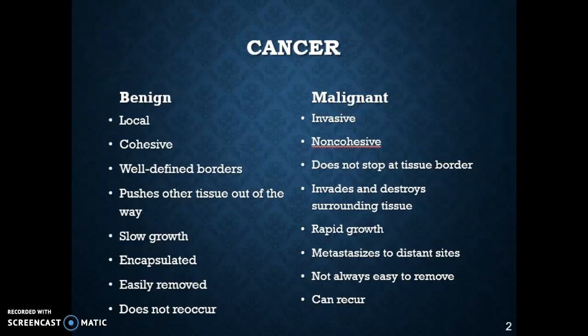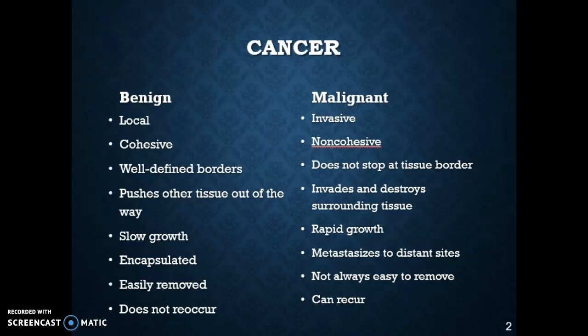Those are symptoms that tend to be more malignant. Benign growths are usually slow to grow, whereas malignant cancers usually grow fairly rapidly, although there are a few cancers that are slow-growing cancers.